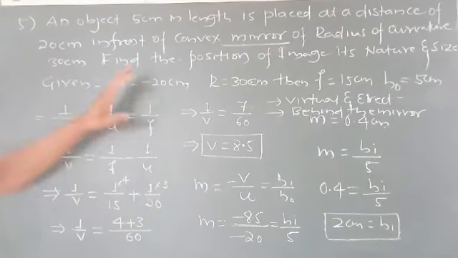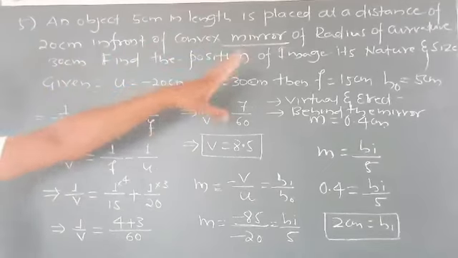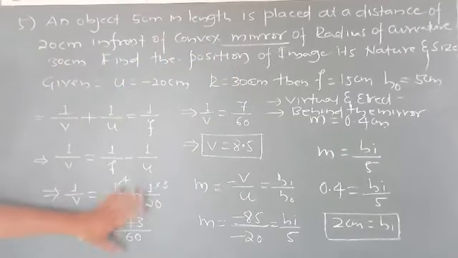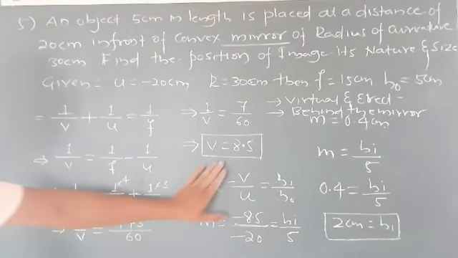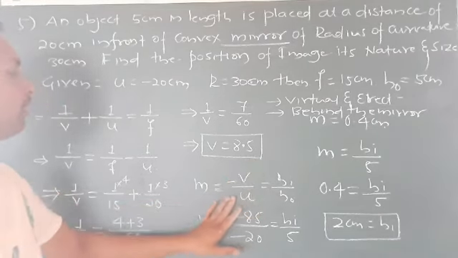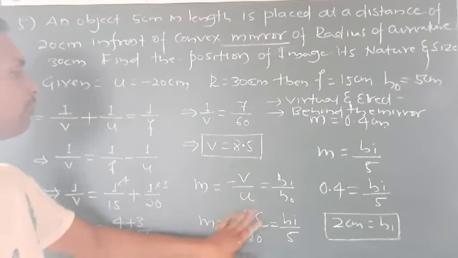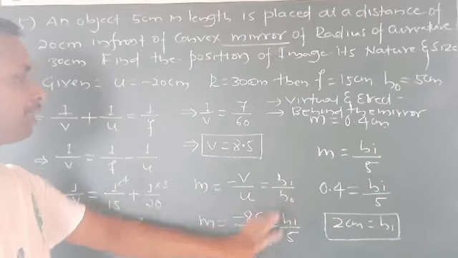See, the given things are here, u is equal to minus 20, R is equal to 30, and then we can calculate f, and they have given HO is equal to 5 centimeter. Apply the mirror formula, substitute all the values very clearly. V is equal to 8.5 you will get here. This is the image distance. Then m is equal to minus v by u, can apply HI by HO, height of the image by height of the object.